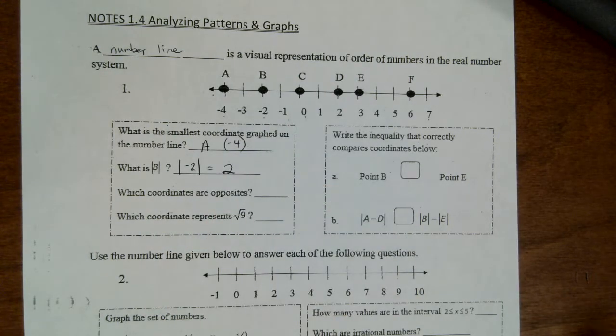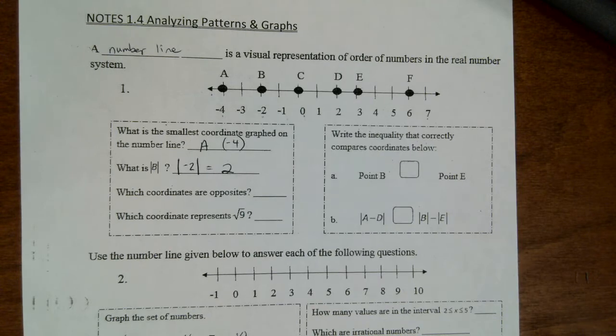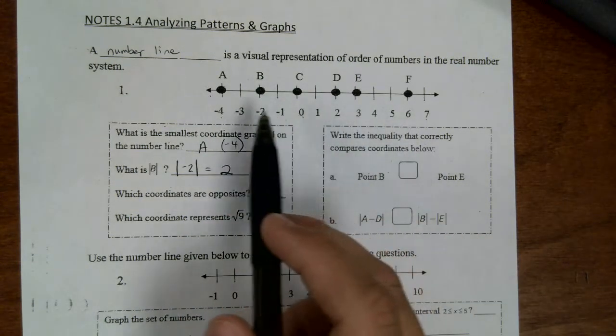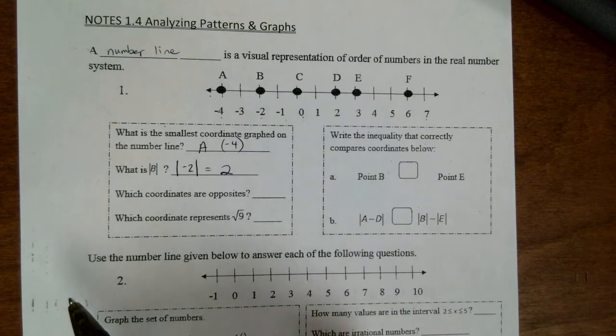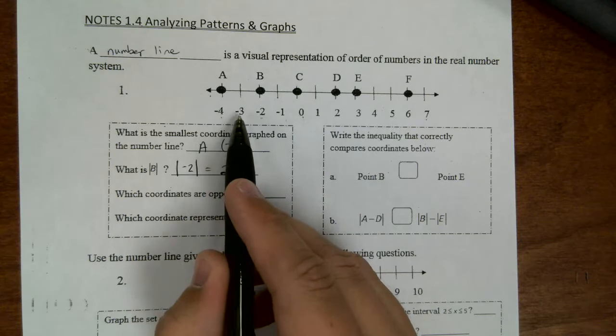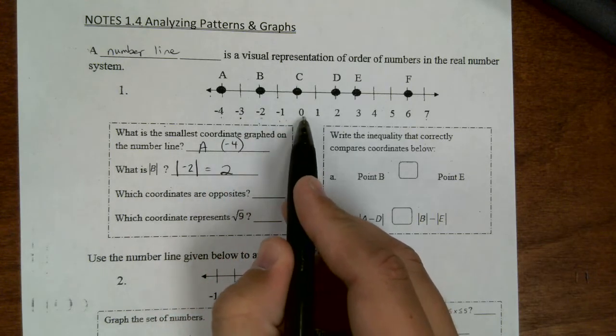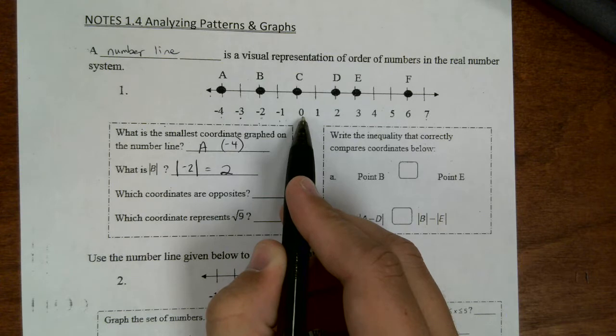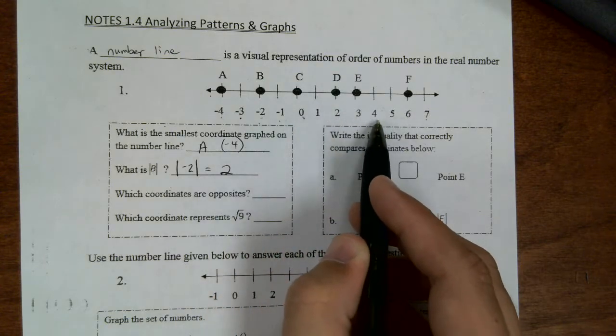Next up, which coordinates are opposites? Two numbers that are opposites are the same distance away from 0. So we need to find two points that are both the same distance away from 0. Let's start with point A. Point A is 1, 2, 3, 4 away from 0. If I want to see if its opposite is also one of these other points, I need to go 4 away from 0 in the other direction: 1, 2, 3, 4.